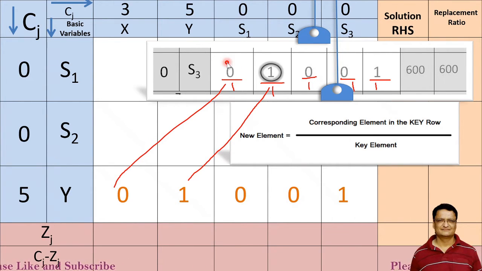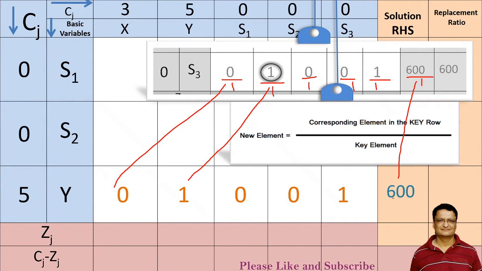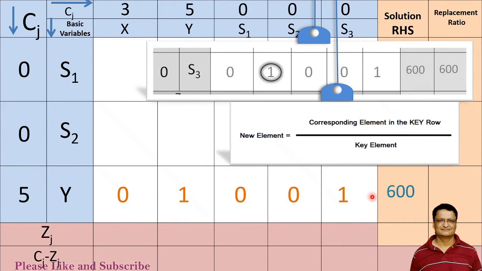Now you remember that this particular row we are fetching from the previous table. Okay, and the last element is 600 divided by 1, which will give me a value of 600, right? And we are putting all these values in the corresponding places. Okay, now moving to the remaining cells.